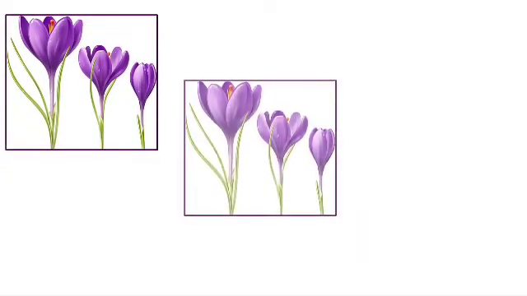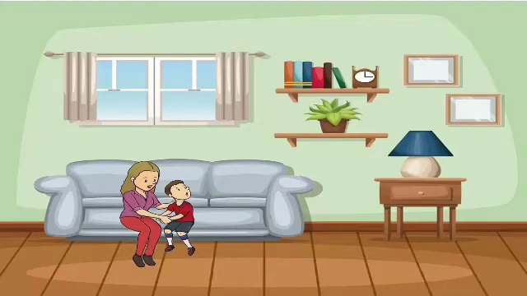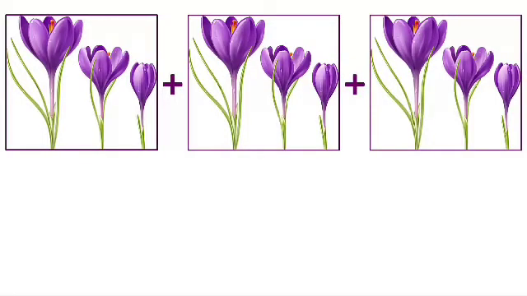Now we are going to see repeated addition. Flowers! Yes, some purple flowers are given. Hey Smoke, can you add the flowers? 3 flowers are separated and given in 3 groups.